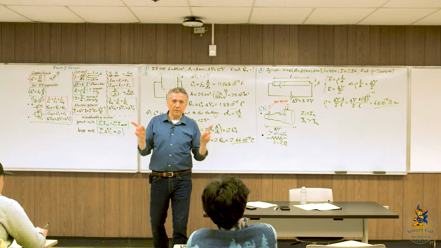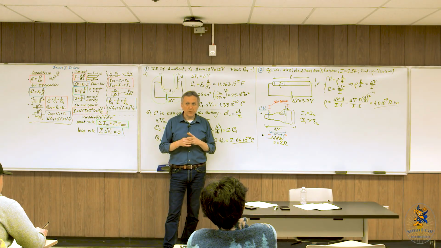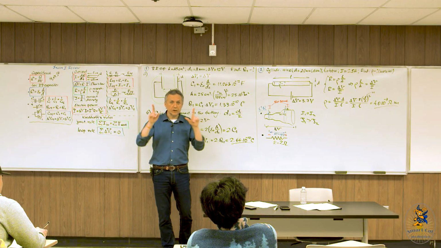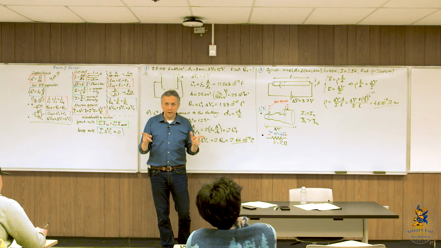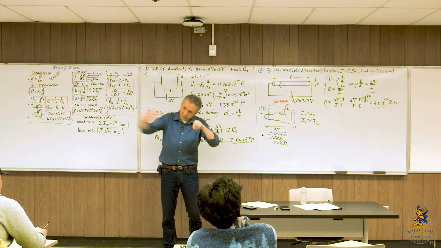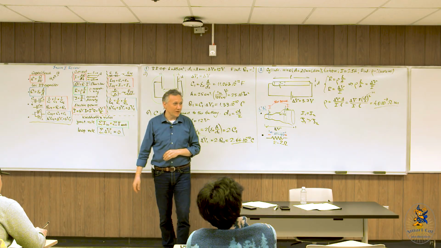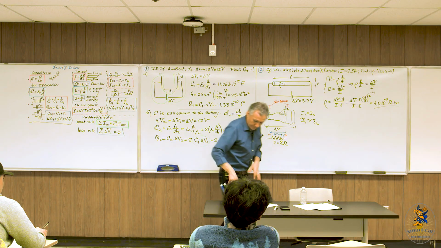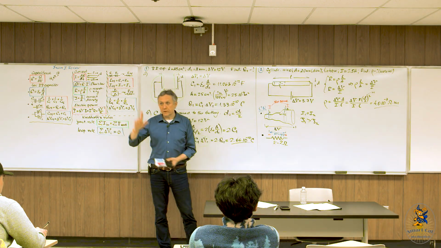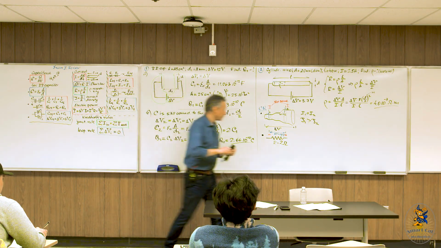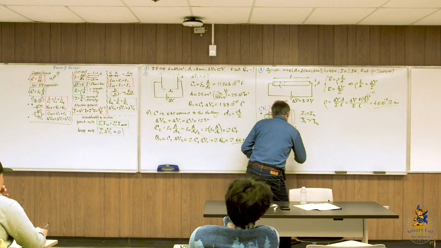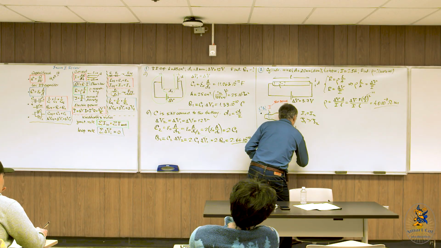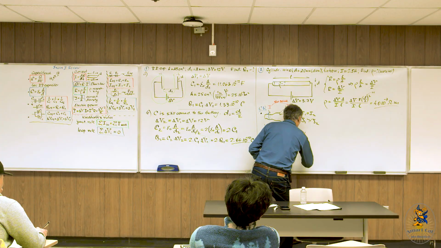I gave a past question of this type, and there were lots of mistakes, especially with the direction of the current. Whenever you see plus and minus, current goes from plus to minus, right? So be very careful, because even after this discussion, there are still plenty of mistakes.